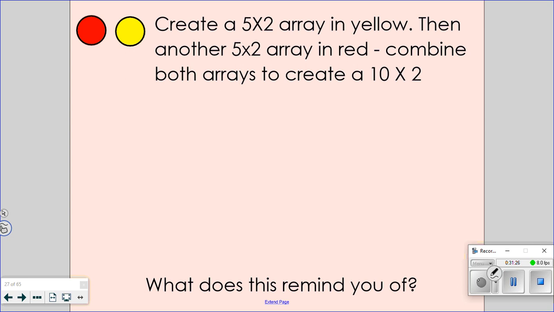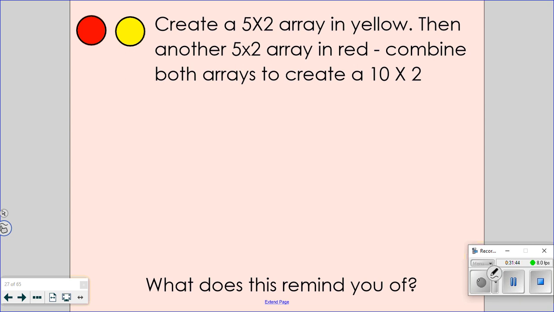Just like we did 2s, and then if we knew our 2s, we could double it to get our 4s. We can do that with 5s and 10s. So turn to the next blank page in your notebook.